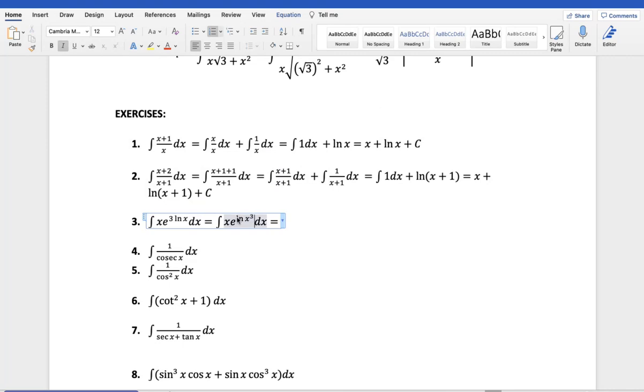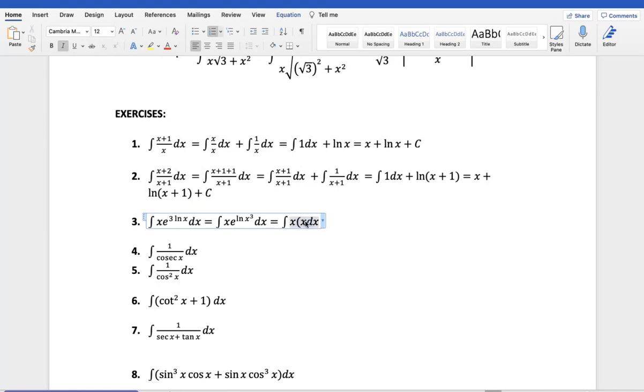And if we use what we know of exponential rules, e to the ln of x cubed is just equal to x cubed, right?